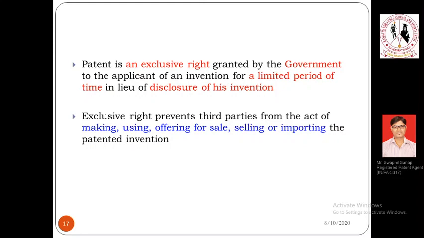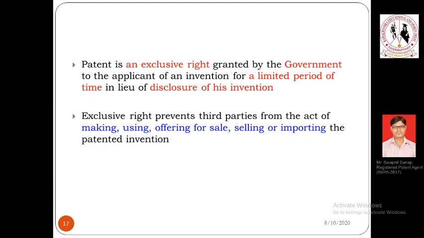In other words, a person can stop anybody who is trying to copy the invention without his permission, without his due approval. He can stop that person from using, making, offering for sale, and importing. Now, the term using is really very important here.